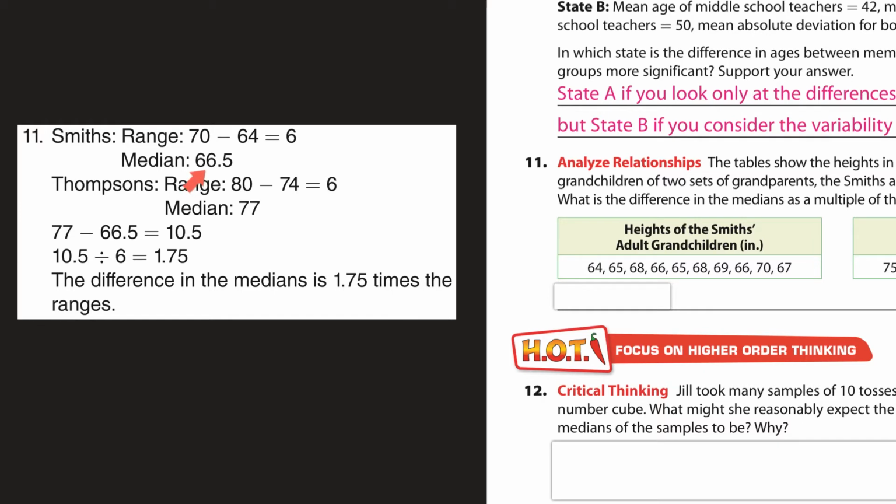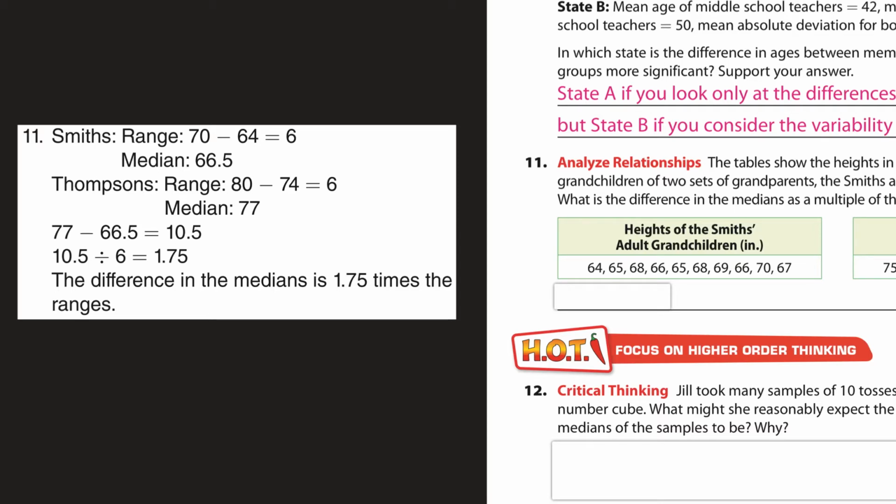Our median, if we go from smallest, you have to rearrange this, right? From smallest number to biggest number, which it's not. And if you pick the middle number, the median, that's 66.5. And for the Thompsons, our range is 6 and the median is 77.